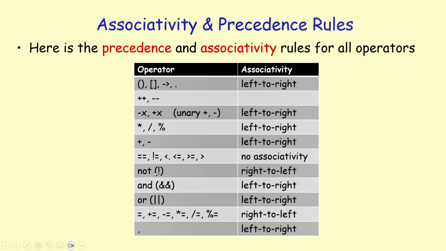So the logical operators are not, and, or. Again, not has the higher precedence among the logical operators, then and, then or. And at the bottom, we see the assignment operator, either regular assignment or compound assignment operators. And at the very bottom, you see the comma operator. So that's pretty much it as far as precedence and associativity rules are concerned.